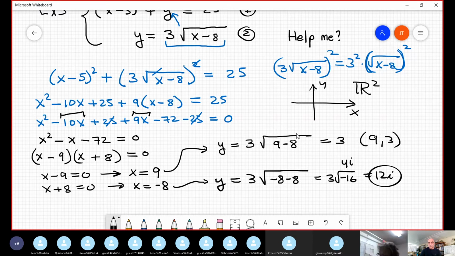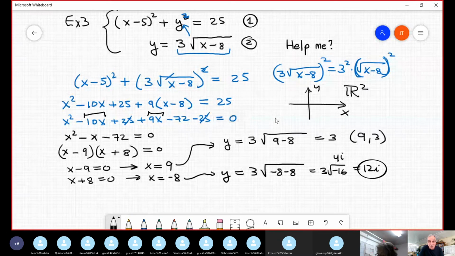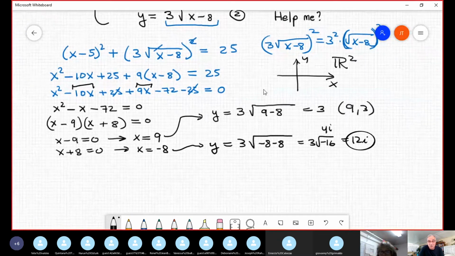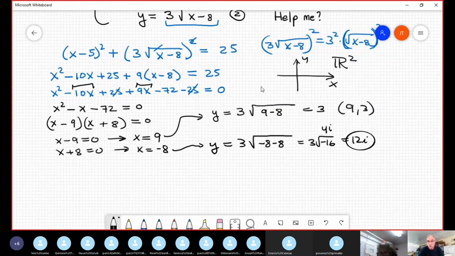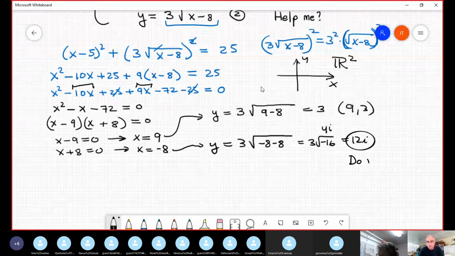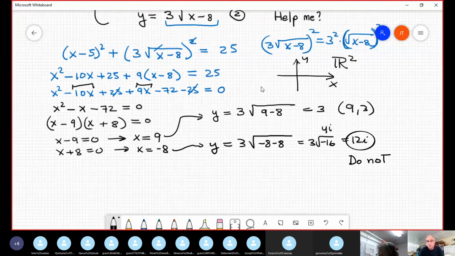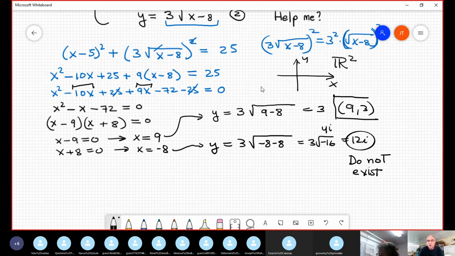R squared, real x, real y. Therefore, when in algebra you try to find something and the answer is imaginary or complex, it is because it does not exist. Okay, so we have only one solution, que es the point 9,3. End of the story.